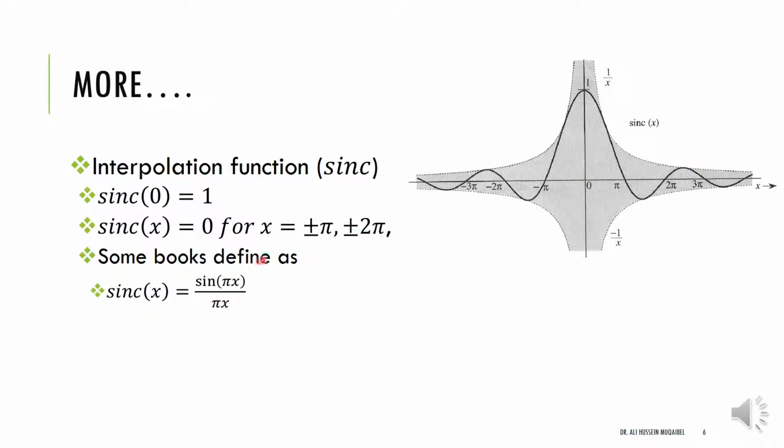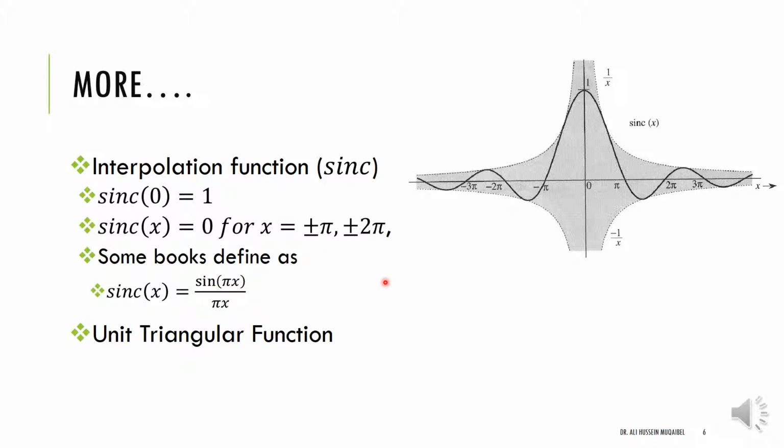If you want to evaluate sinc at 0, you'll have a problem, because sine 0 over 0 will give you 0 over 0, and then you need to use L'Hopital's rule, and that will give you 1. So it's 1 here, it oscillates, it crosses 0 at multiples of pi, because sine pi, sine 2 pi, sine 3 pi are all zeros. Just a warning that some books define sinc to be sine pi x over pi x and not sine x over x.